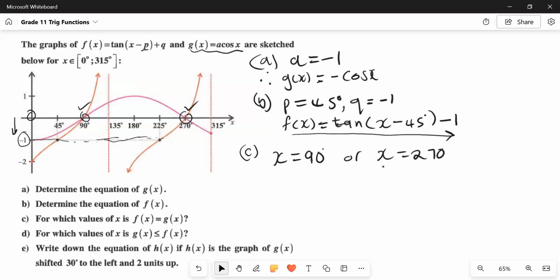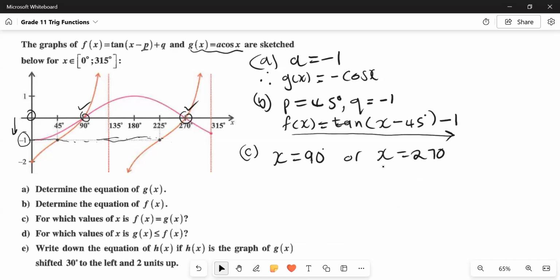And then D, for which values of x is g of x less than or equal to f of x? This occurs where the graph of g is below or equal to the graph of f. So we go back to our graph and check where the graph of g is below the graph of f.